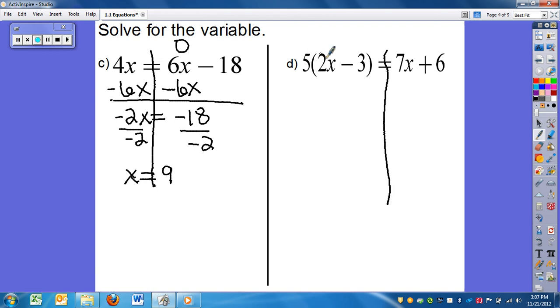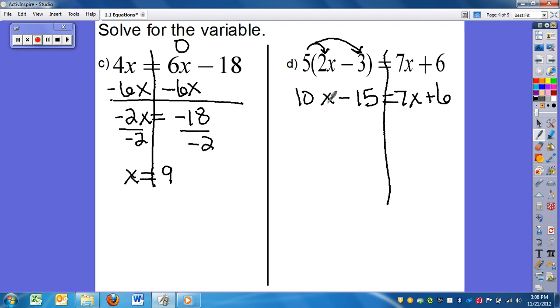Alright, so I have 5 times 2x - 3. Right here, this is something we call the distributive property, when you're multiplying to both, because 5 times 2x - 3. You might recall your teachers drawing little arrows to say we are multiplying to both. So I get 10x - 15 = 7x + 6.